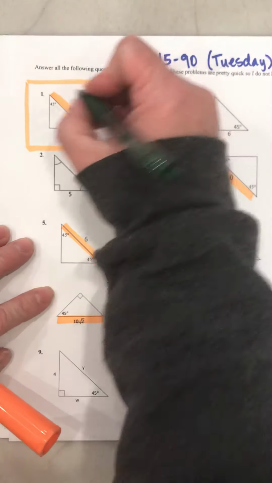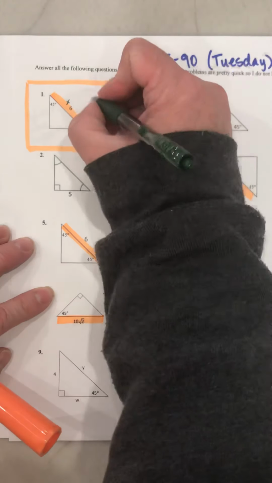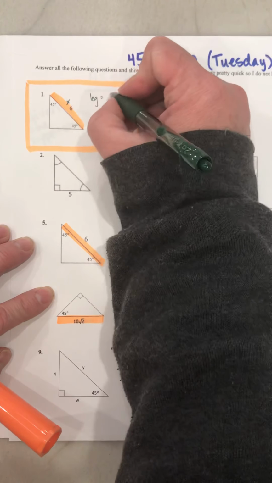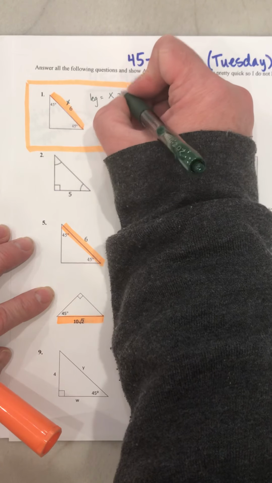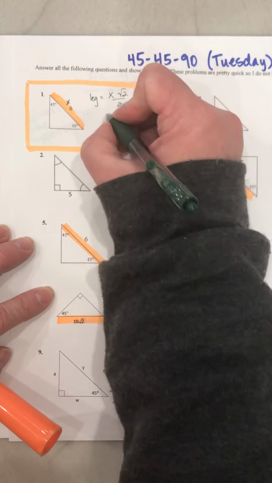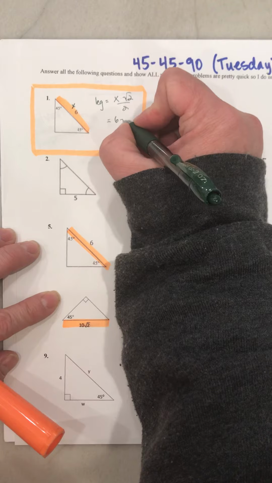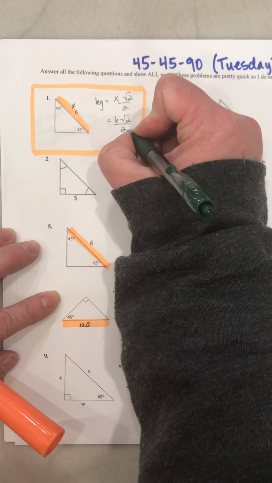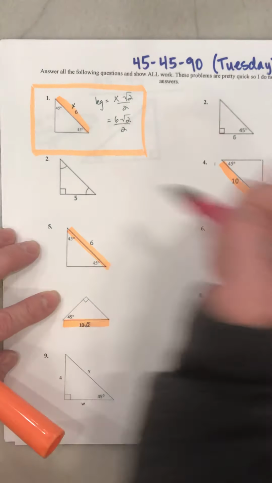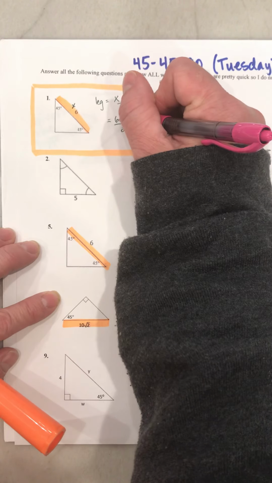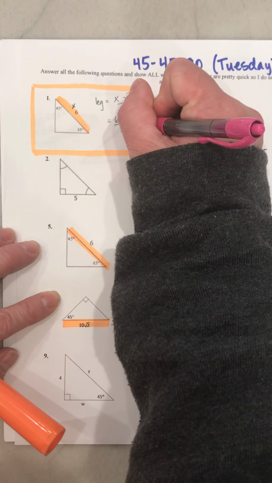So if x is 6, the legs are going to be x times radical 2 over 2. That means if our leg is 6 radical 2 over 2, you don't want to leave it like that though, you want to simplify. And I know that 6 and 2 can both be divided by 2.